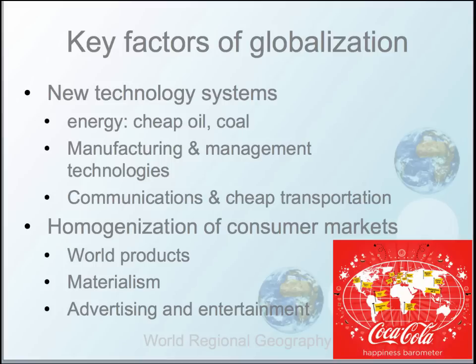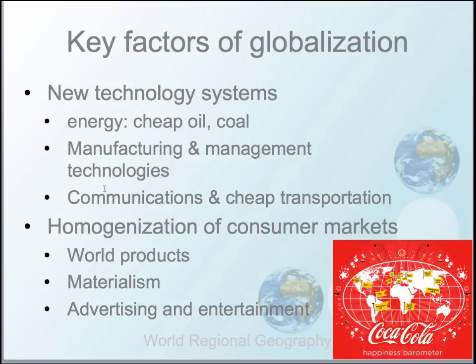Additional factors in globalization include new technologies, so less expensive energy sources for manufacturing, more efficient and less expensive manufacturing and management technologies. Here's a huge one, communications. So that means the internet, satellites, and cheap transportation of goods from one market to another.